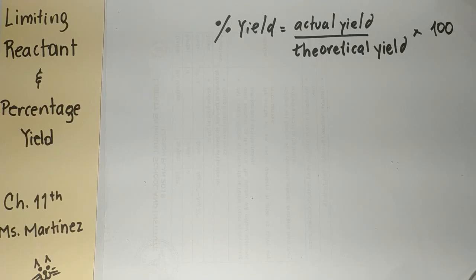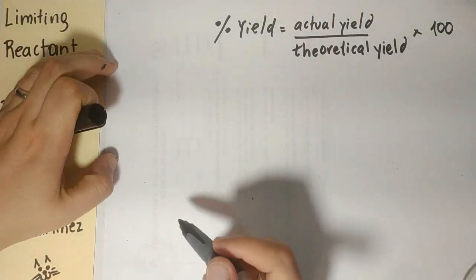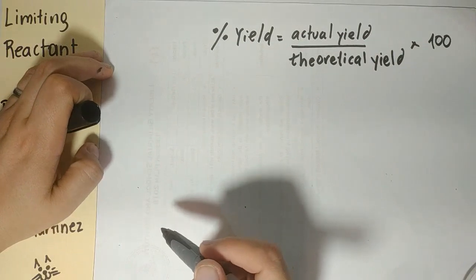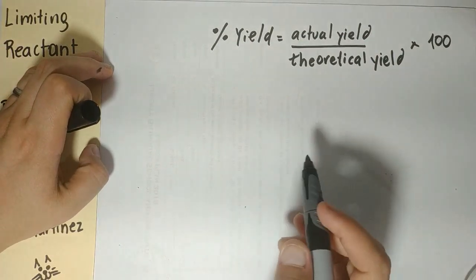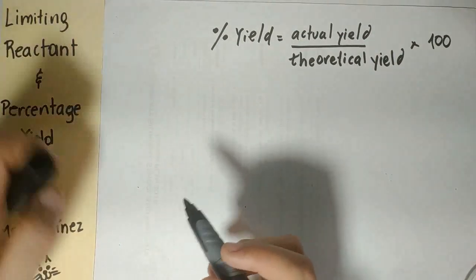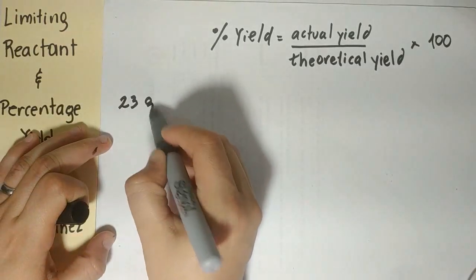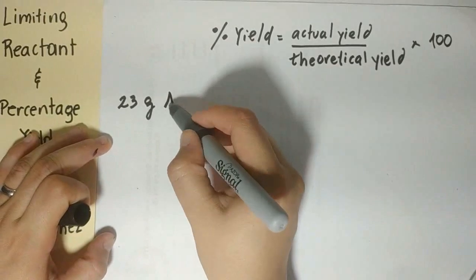Let's say we have a lab right here next to me, and after I did the reaction, after I made the salicylic acid and the acetic anhydride react, in real life, I just got 23 grams of aspirin.